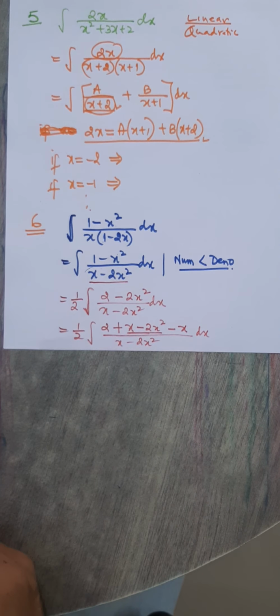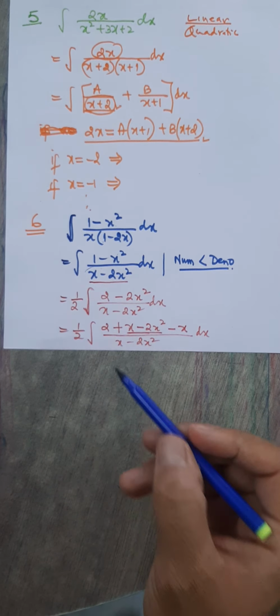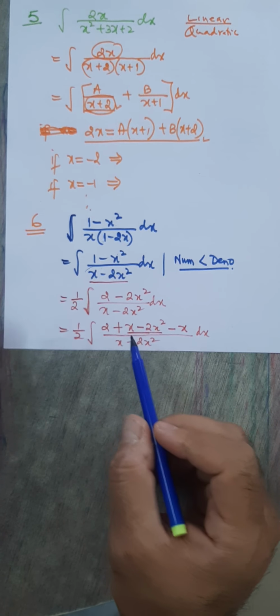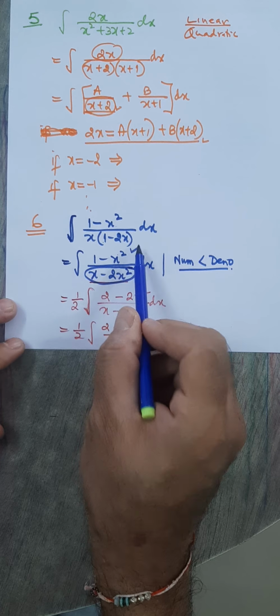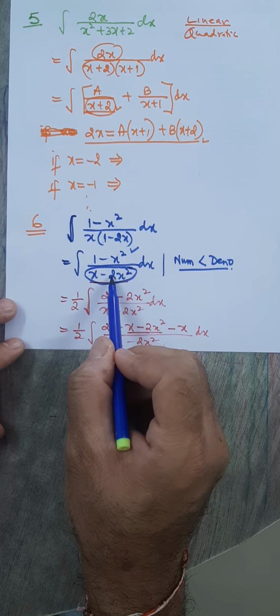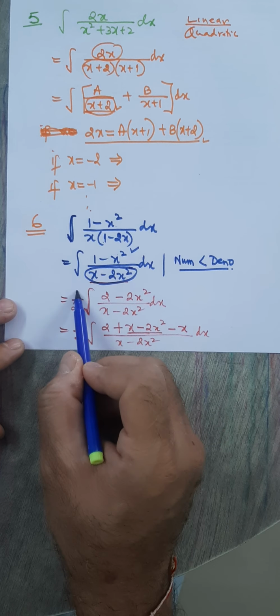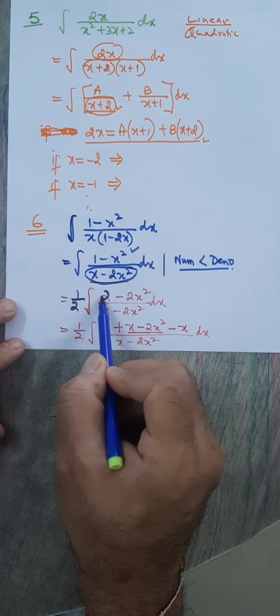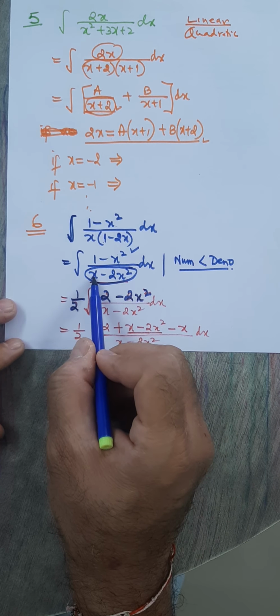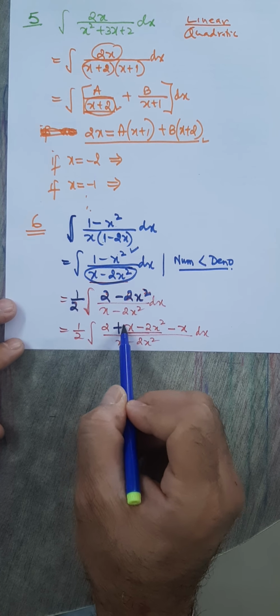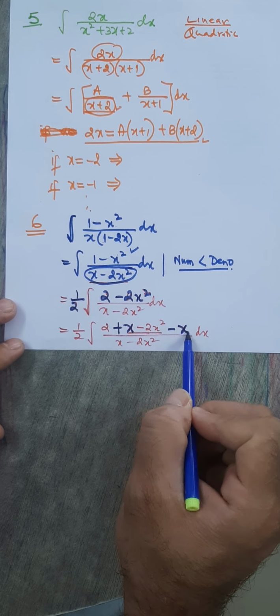This is a very commonly used method in integration if you have quadratic upon quadratic. What I'm trying to do is set this expression over here. I need first minus 2x squared, so first multiply and divide by 2 throughout the expression. Then I need plus x, so I have added x and I have subtracted x.